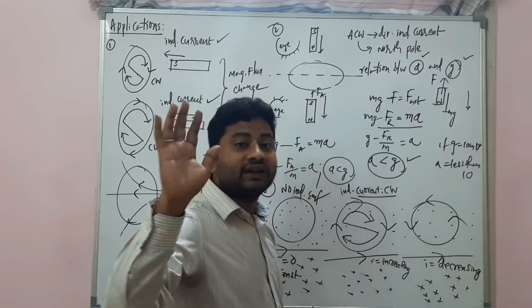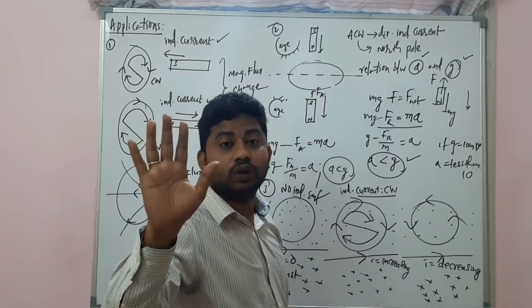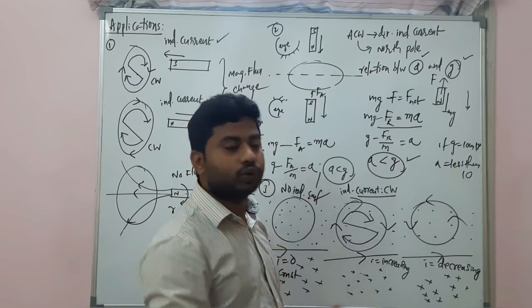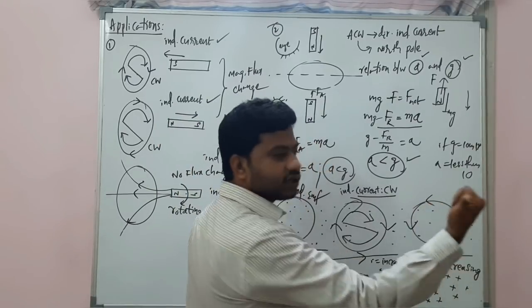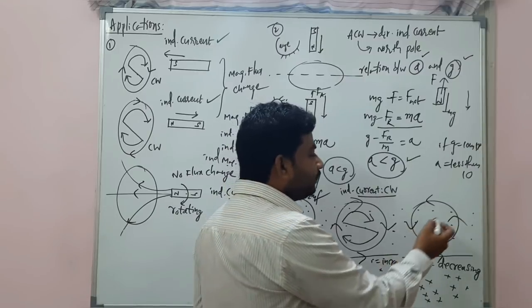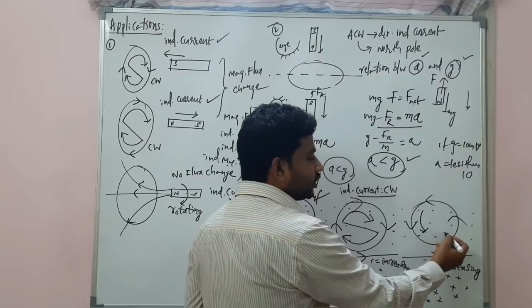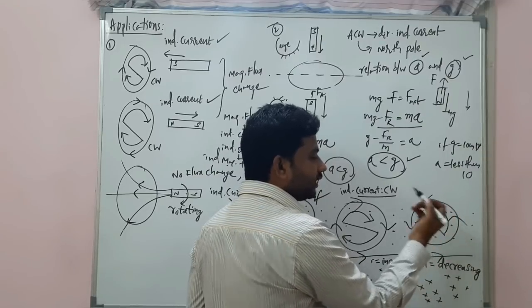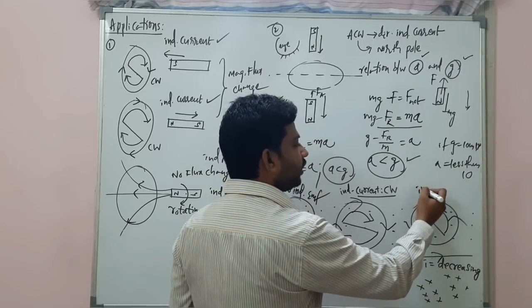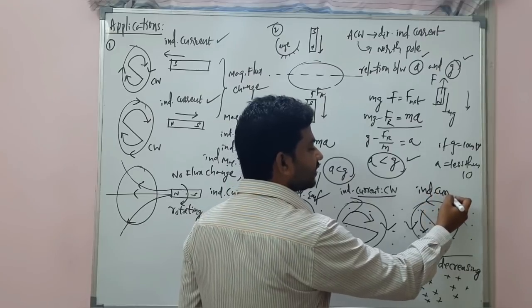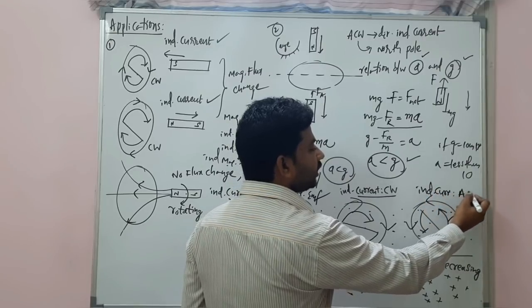See, according to the right hand thumb rule, opposite to the right hand thumb rule. See here, so this is how the direction of the current is. So then definitely this must be anti-clockwise. So that indicates north pole will be developed here. So this is called induced current direction will be anti-clockwise.